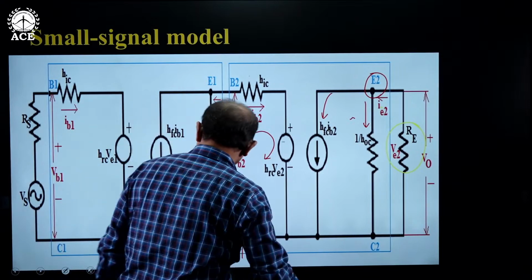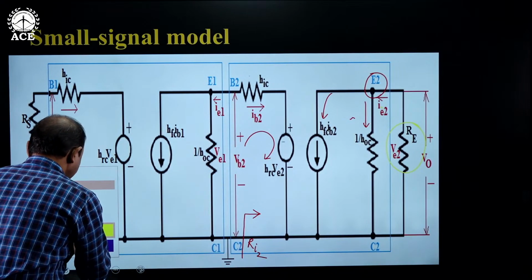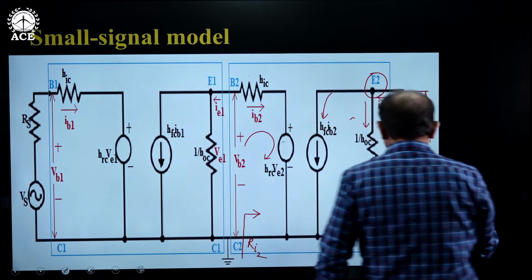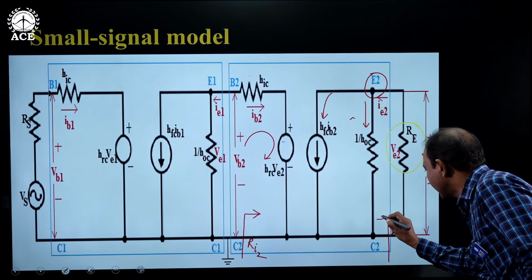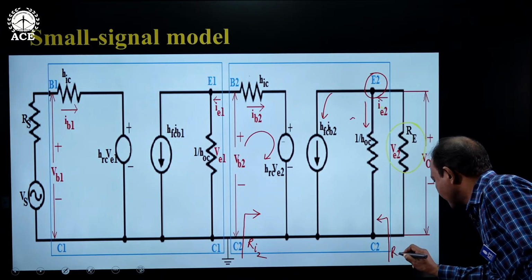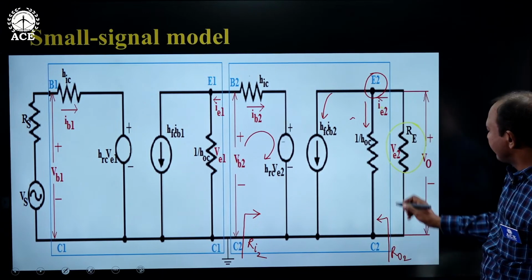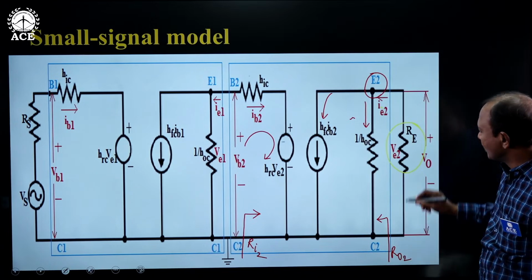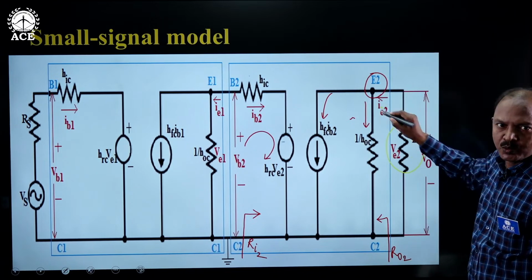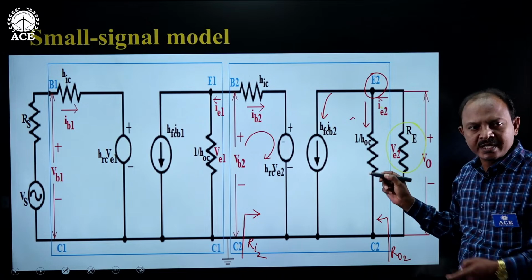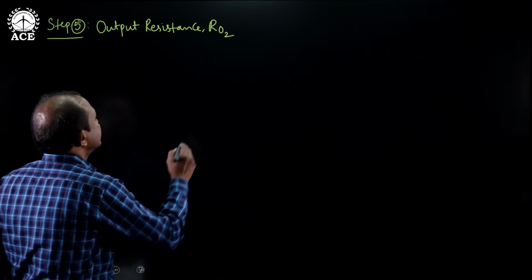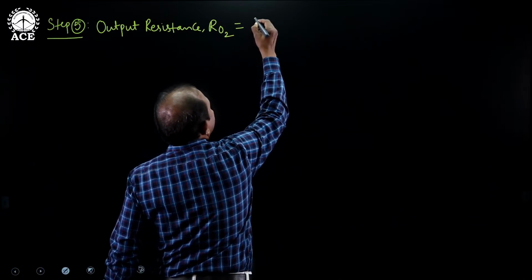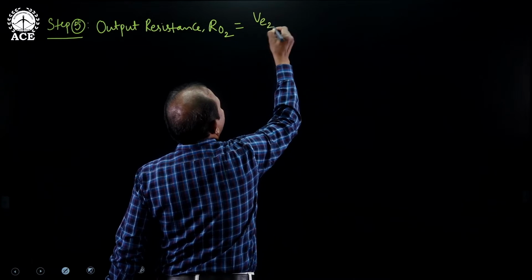Here, estimation of output resistance is to be done by looking into the amplifier here. Carefully observe this. Exactly here we are supposed to estimate the output resistance. Now if you carefully observe the circuit, R02 is nothing but VE2 by IE2. VE2 by IE2 is the equation for that. So I will write it as R02 equal to VE2 by IE2.